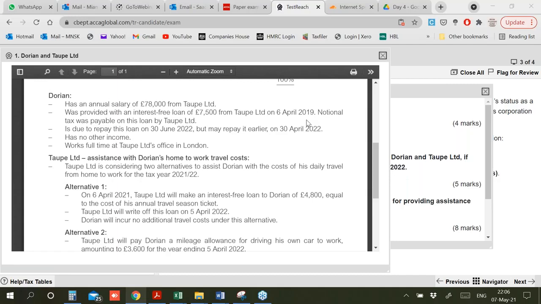And because of breaching that limit, all of the loan will become a taxable benefit, and we have to calculate whatever the taxable benefit is, and it will be added into D's salary, and 42% tax will be payable on that. 40% tax and 2% NI.